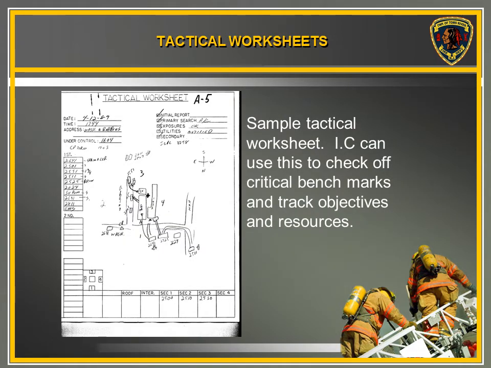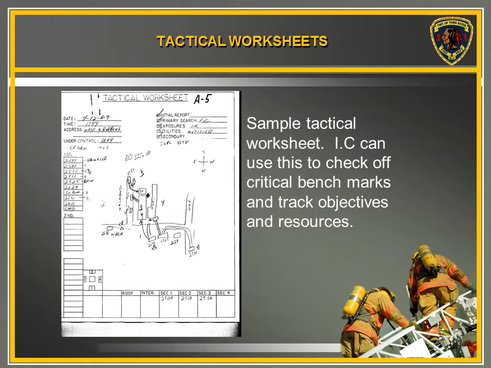Here is an example of a tactical worksheet. This was at a fire in downtown Toms River. You can see the date was April 1989. By writing everything down on a tactical worksheet, the incident commander can check off the benchmarks. He can see what units are on the scene.